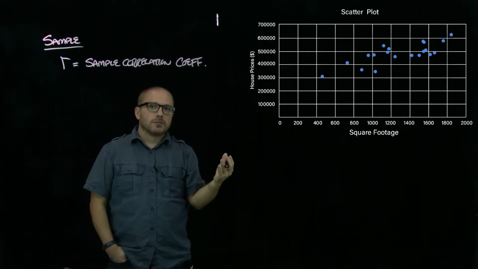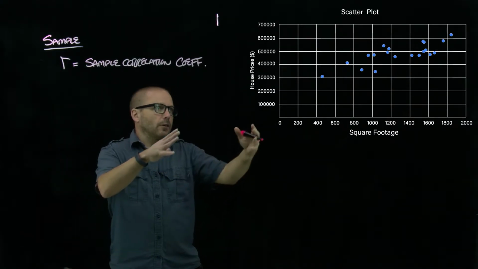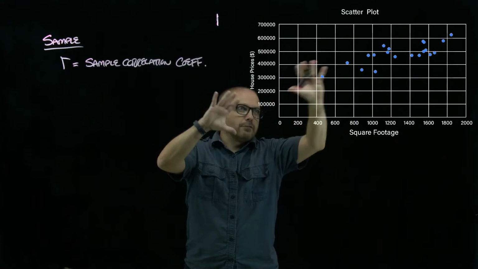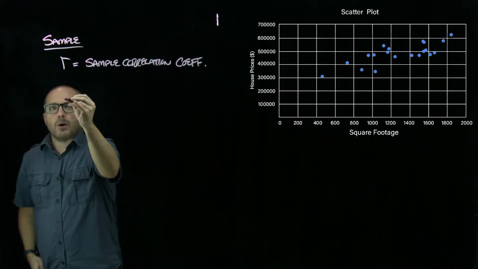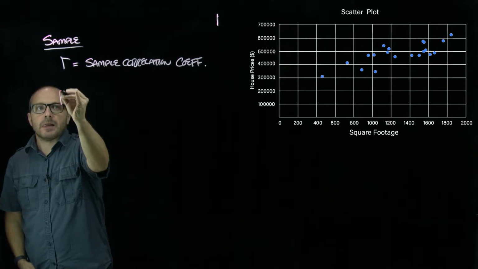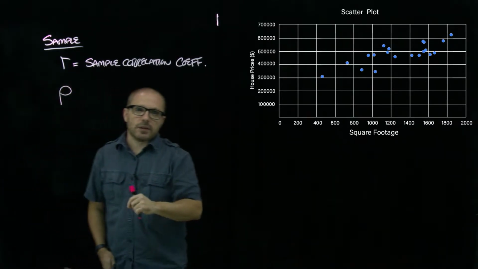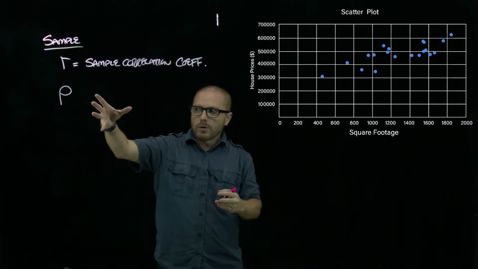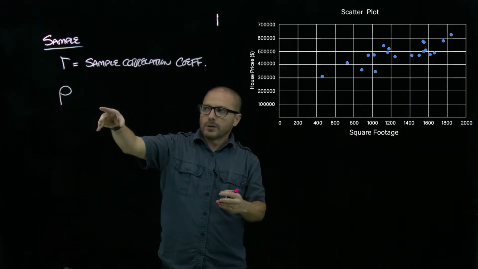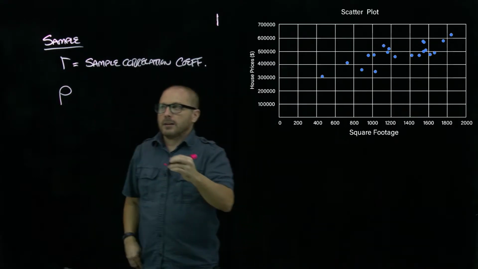And the theoretical value, so if we had all homes, if we could put every single house price and square footage on there, there would be some correlation there. And sticking with the theme of using Greek letters for the population parameter, this is a Greek rho. Looks like a P when I'm drawing it, but it's a rho.